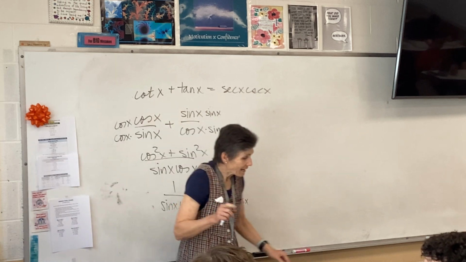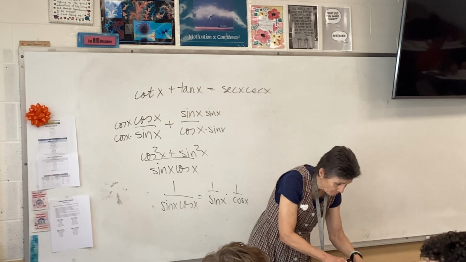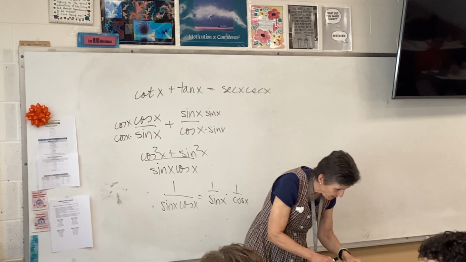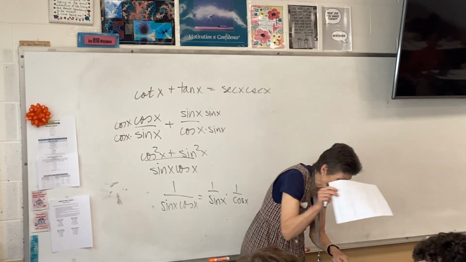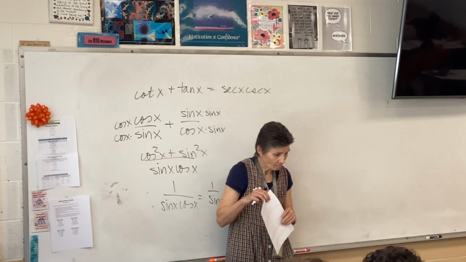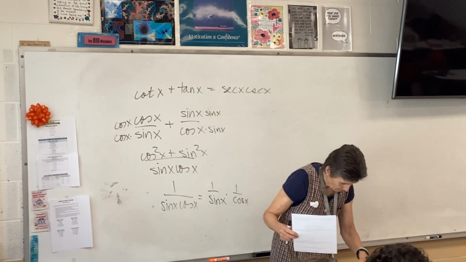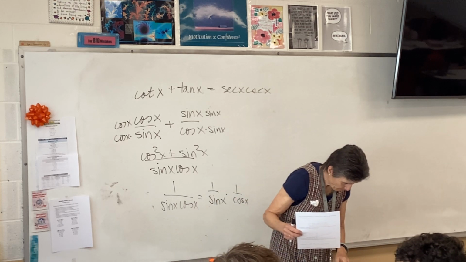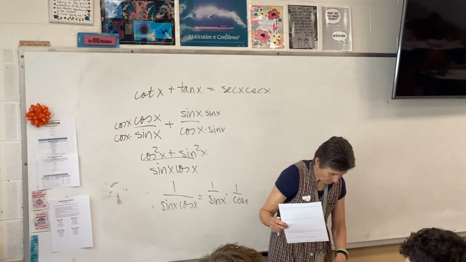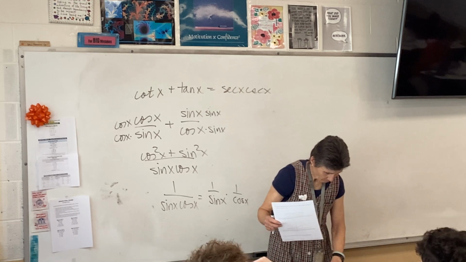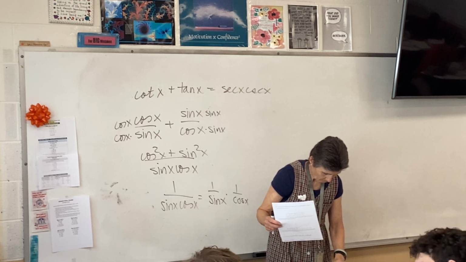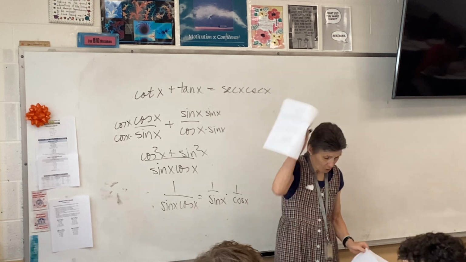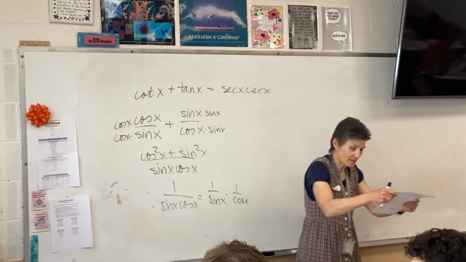All right, when I handed all this stuff out, I gave you a thing called magic square. Do you remember that? It's called magic square. Mr. Passwater made this.